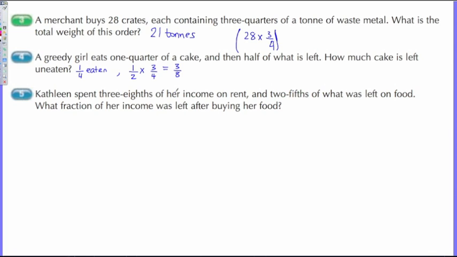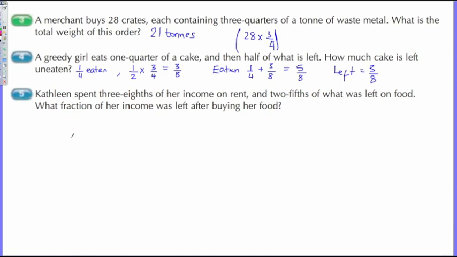How much cake is left uneaten? So in total, she has eaten a quarter of the cake and she's also eaten 3/8 of the cake. So that gives me 5/8. So the amount eaten is 5/8. We have 3/8 remaining.